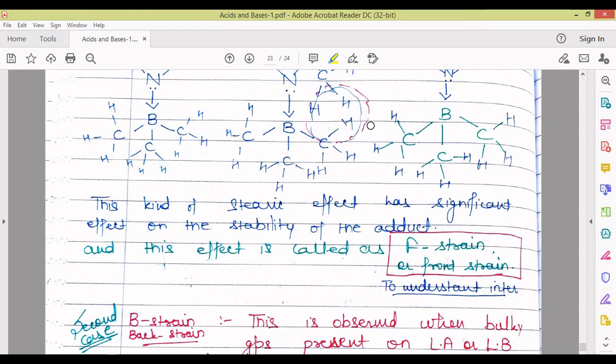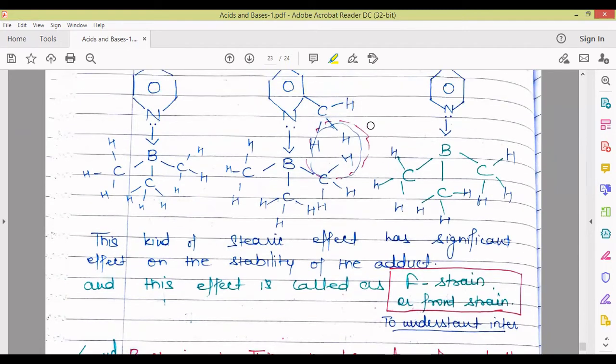There are two types of strains which we'll be discussing in the steric hindrance. The first one is front strain and the other one is B strain. To understand front strain, we can call it interatomic strain. The role of front strain comes into play whenever there is a formation of an adduct between a Lewis acid and a Lewis base.